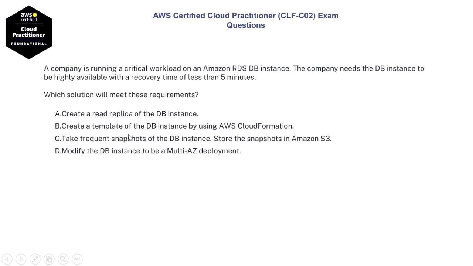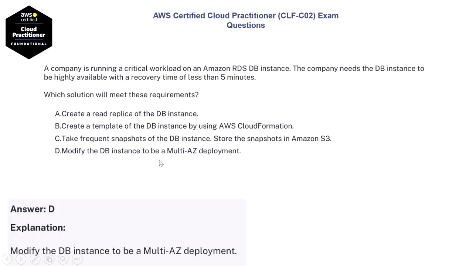Option B, create a template of the DB instance by using AWS CloudFormation. Option C, take frequent snapshots of the DB instance. Store the snapshots in Amazon S3. Option D, modify the DB instance to be a multi-AZ deployment. The right answer is option D, modify the DB instance to be a multi-AZ deployment.